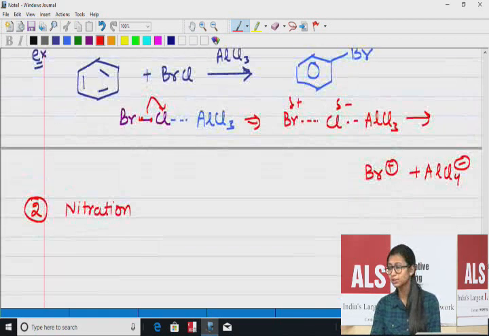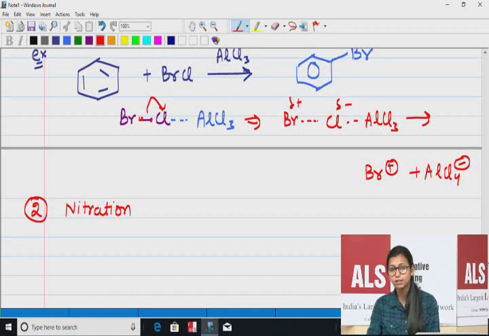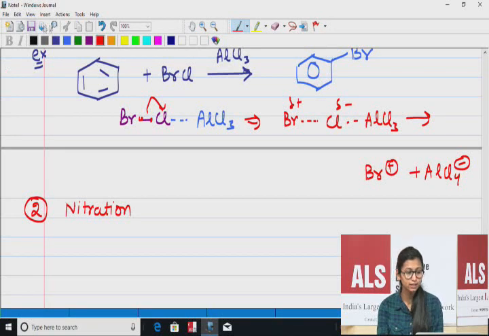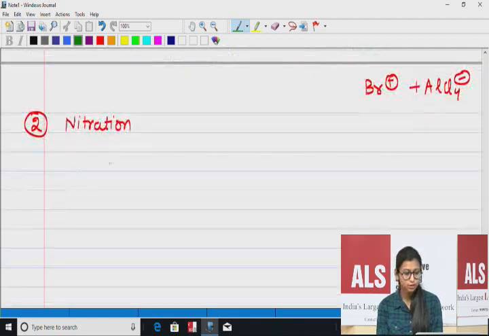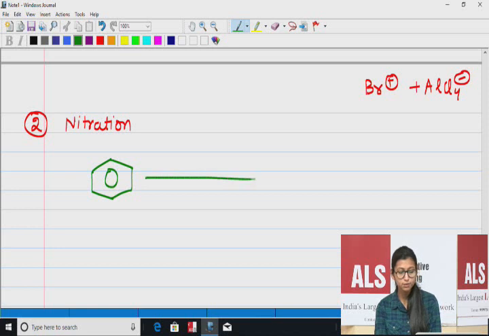Now we are talking about the nitration, everyone. In the nitration, what will happen? Let me write the reaction first. We have a benzene now and we will be having concentrated HNO3 plus concentrated H2SO4.